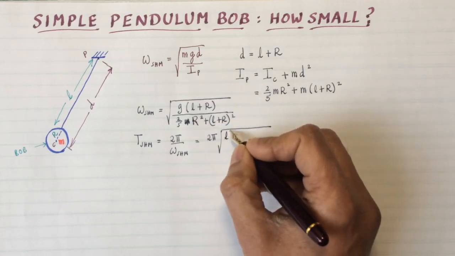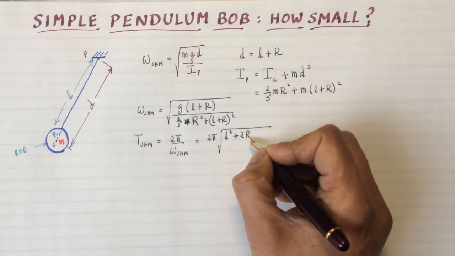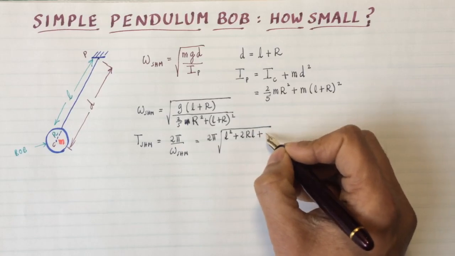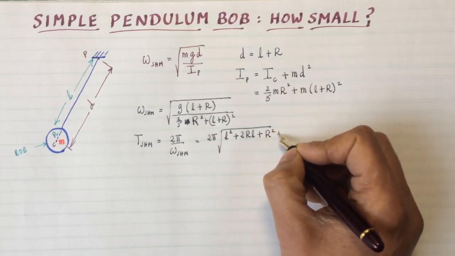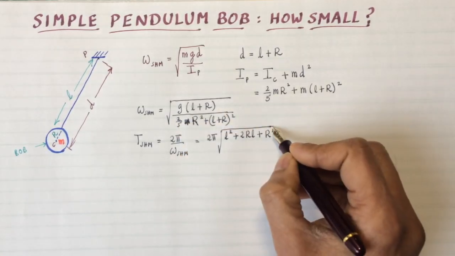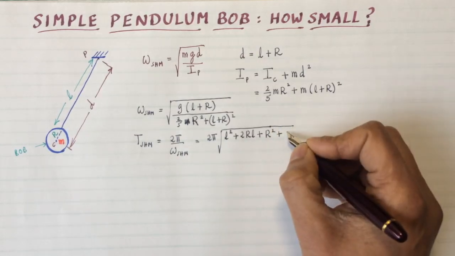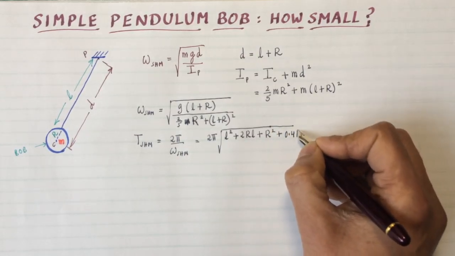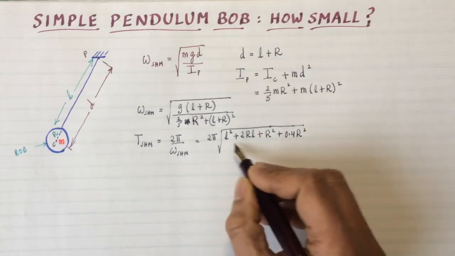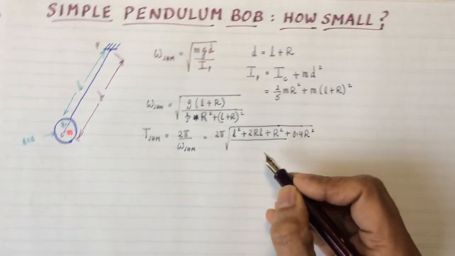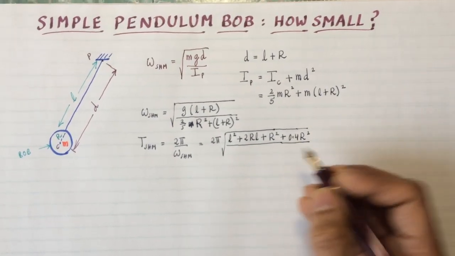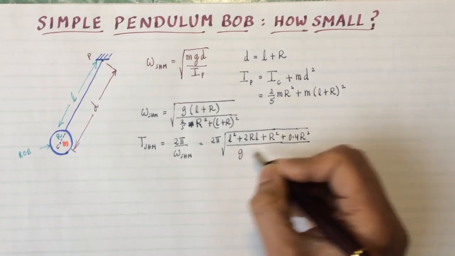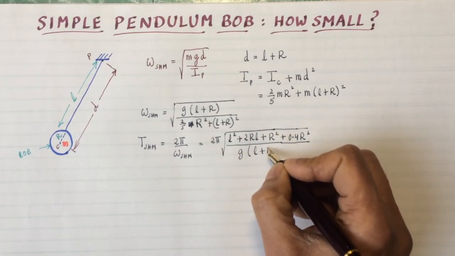It's going to be L squared plus 2RL plus R squared, and then I have 2/5 R squared, which is actually 0.4 R squared, divided by G times L plus R.